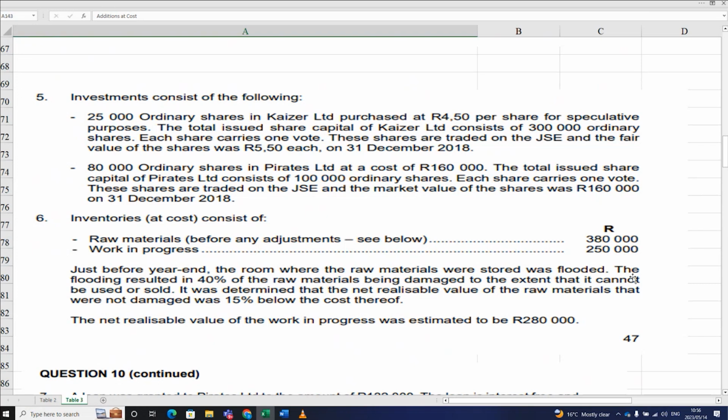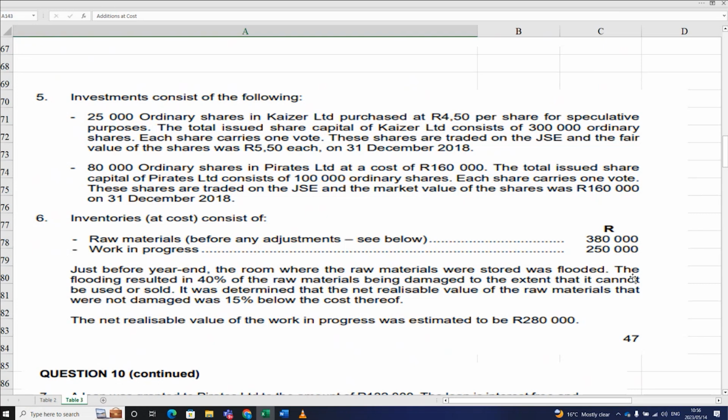Each share carries one vote. These shares are traded on the JSE, and the market value of the shares was 160,000 on 31 December 2018. Then we have inventories at cost, which consist of raw materials and work in progress. Just before year end, the room where the raw materials were stored was flooded.